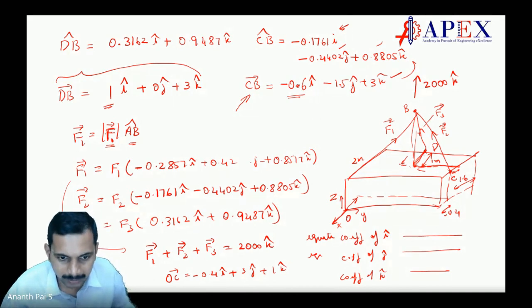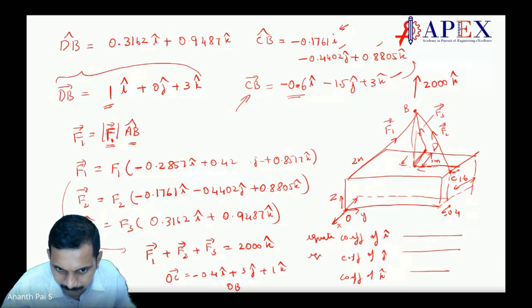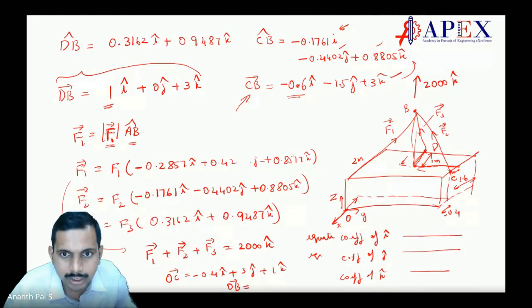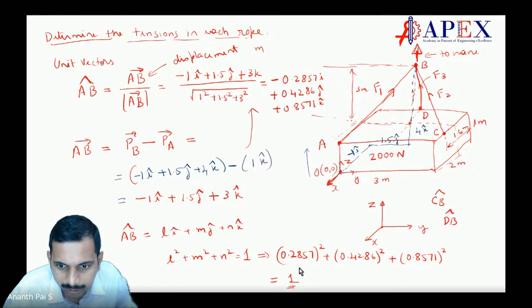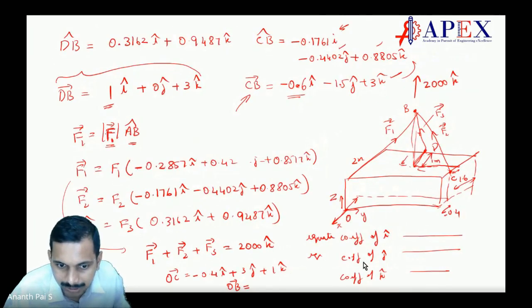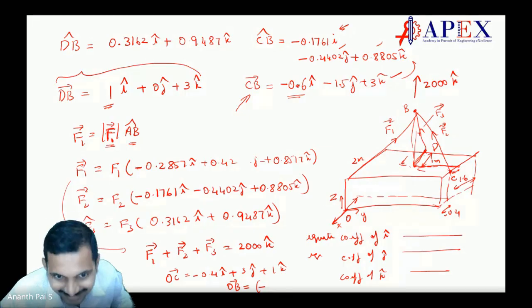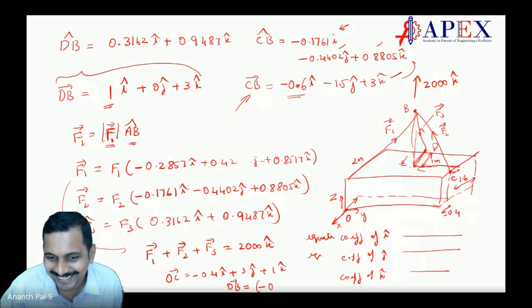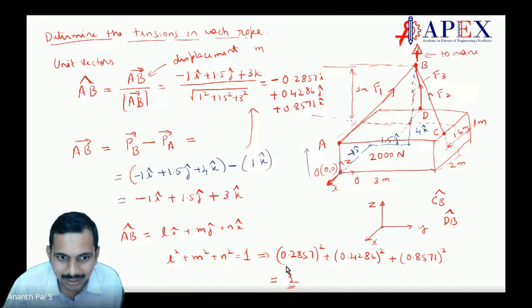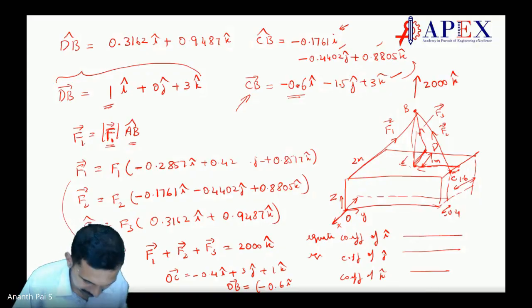OB we have got as minus 1i plus 1.5j plus 4k, right? Yes, it's minus 1, sir. I took it as 1. Yes, so minus 1i.